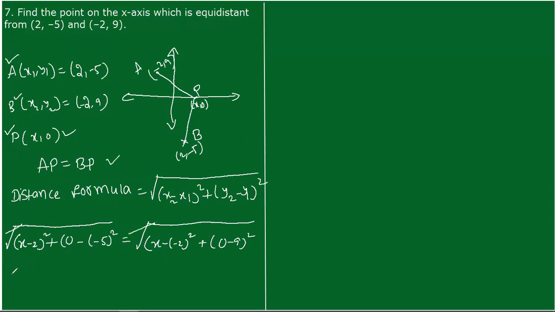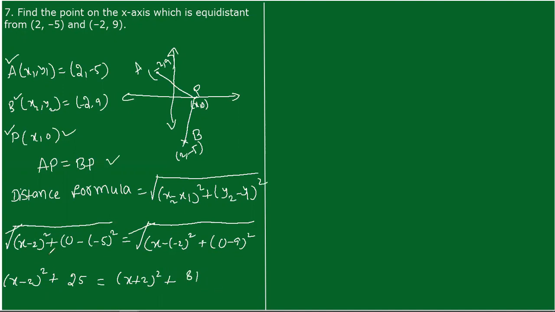So the remaining values are (x minus 2) whole square and 0 minus of minus 5, so minus 5 whole square, which is 5 square, 25. 25 is equal to, here minus into minus is plus, so I can write (x plus 2) whole square, and 9 square, which is 81.